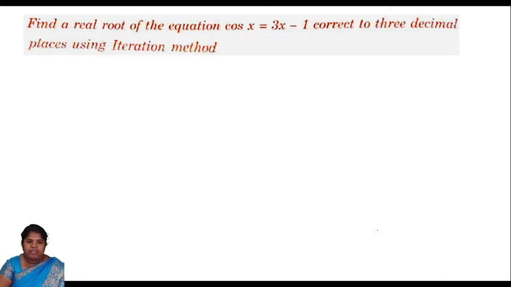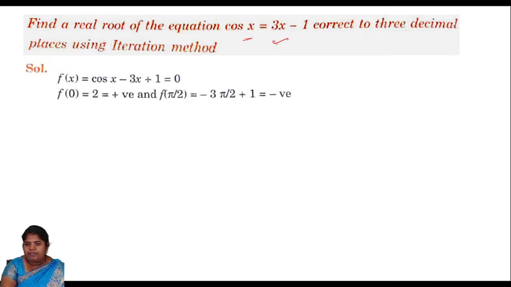If this condition is satisfied, then we can apply the iteration method. So now find the real root of the equation cos x equal to 3x minus 1, correct to 3 decimal places using the iteration method. Here we are given a transcendental equation which involves a trigonometric function and variable x.